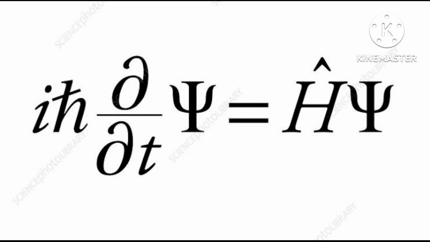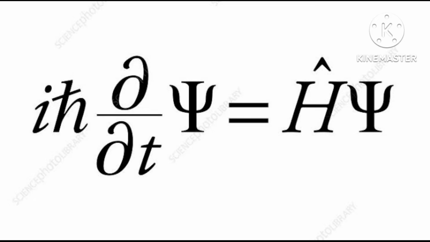Then here I told you that H psi is equal to E psi is the Schrodinger equation in a very simplified way, where H, with a little arrow-like symbol above the H, is called H hat, a mathematical operator called Hamiltonian.